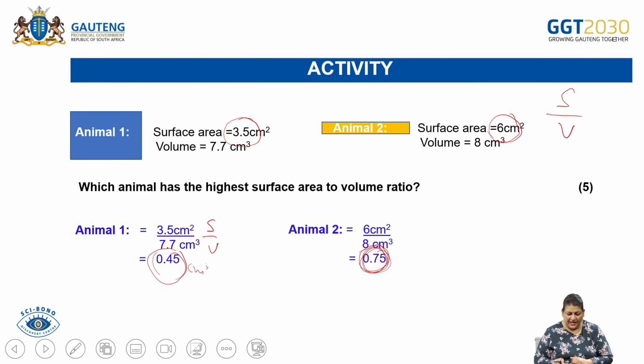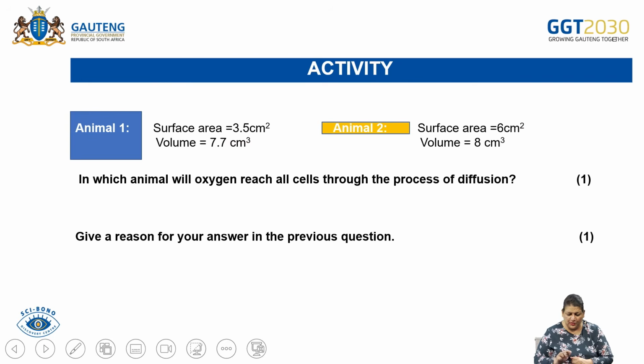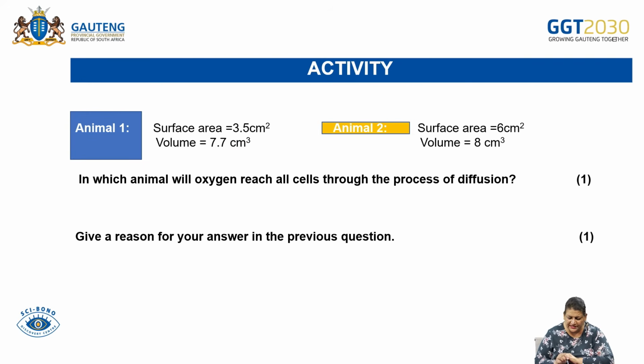Okay. And then we're going to go to the next one. In which animal will oxygen reach all the cells through the process of diffusion? Remember we said if an animal has a larger surface area, that means oxygen will diffuse more efficiently. So animal 1 was 0,45, and animal 2 was 0,75.